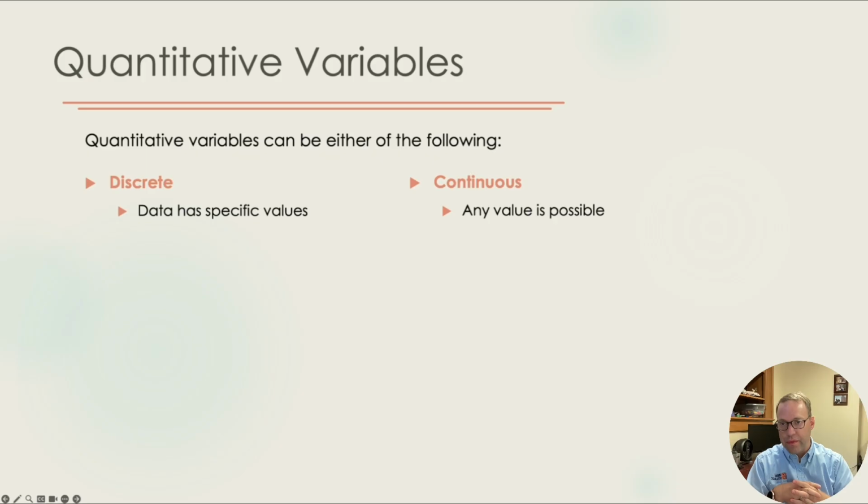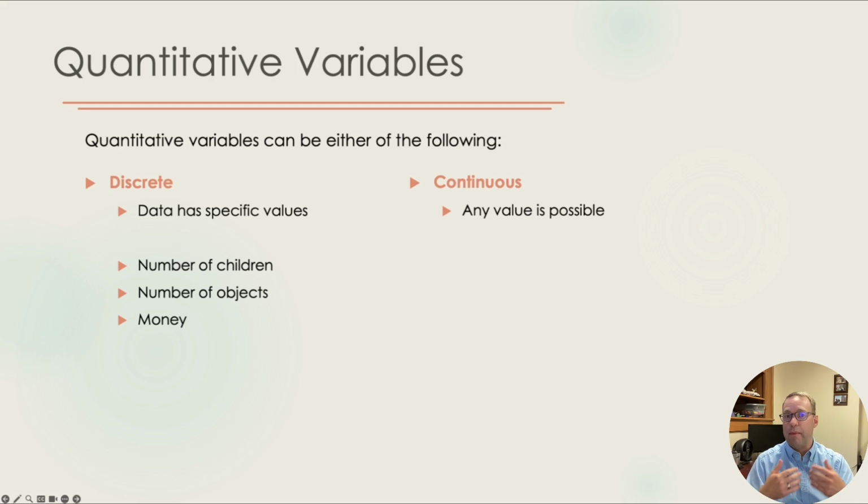So specific values are possible, but any number in between those two values is not possible. So, for example, the number of children, just like the number of animals, number of objects, like the number of books. Money is discrete. Now, notice there is something different here with money. If I ask you how many dollars are in your pocket, you could say, I have $2.37.